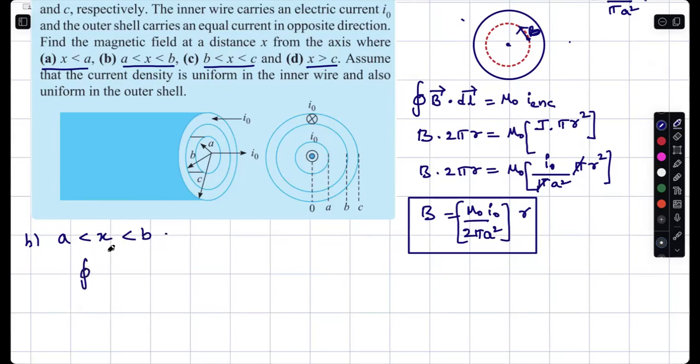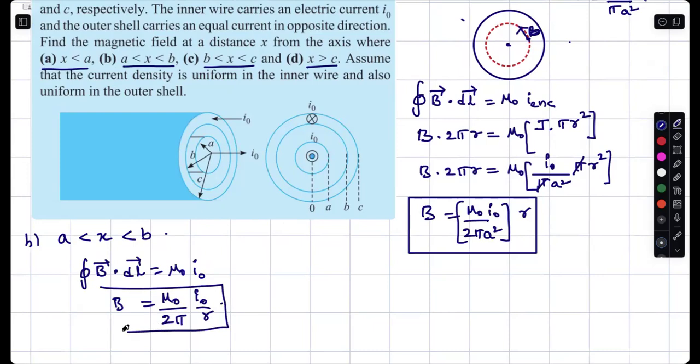Nothing to discuss here. It's a simple substitution. B bar dot dL bar is mu naught times I, and then again the I naught. So therefore, simply B is mu naught I naught by 2 pi r.